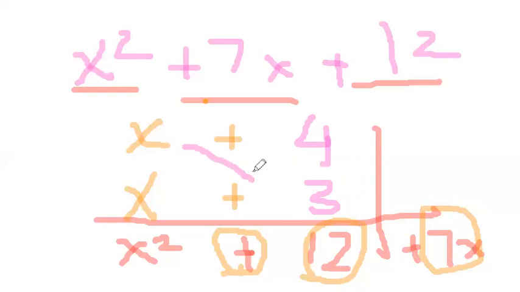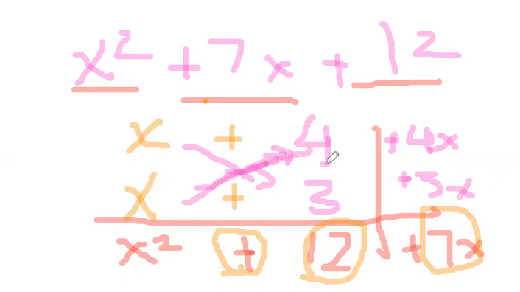Now you can check it. x times plus 3 is 3x, and x times plus 4 is 4x. Here we have to do this multiplication crosswise. This times this is equal to this, and this times this is equal to this.